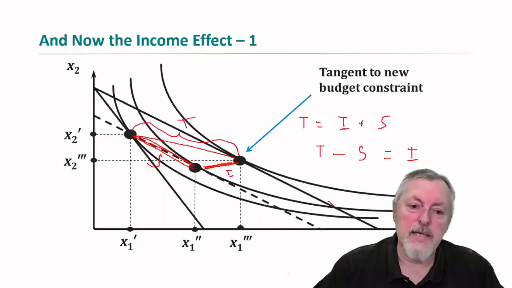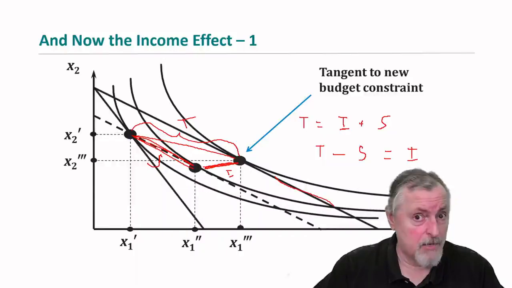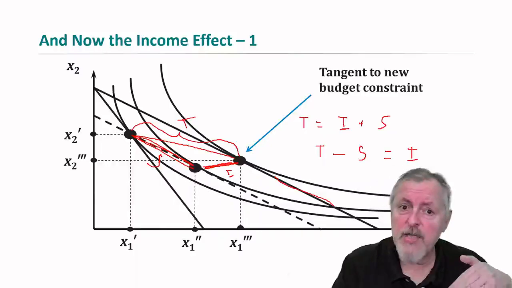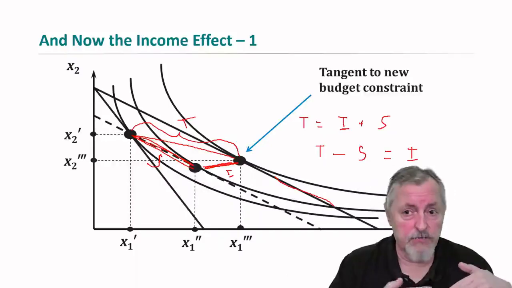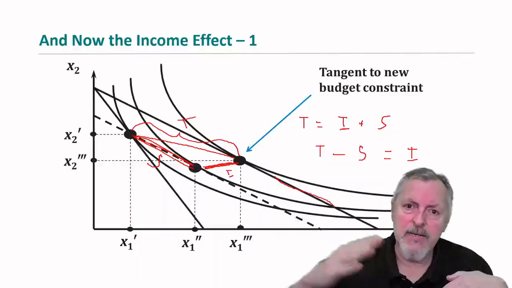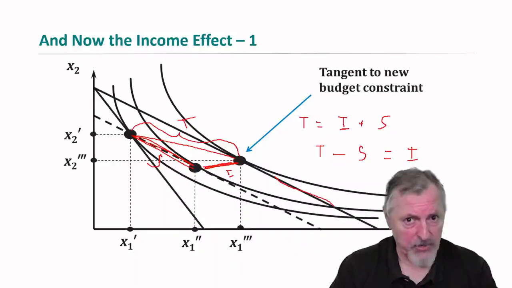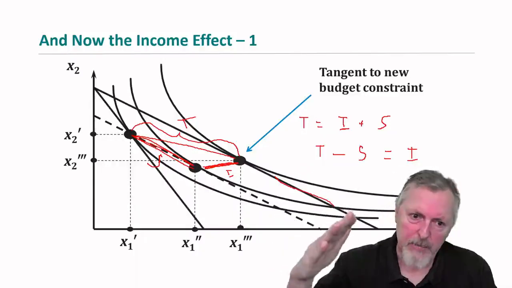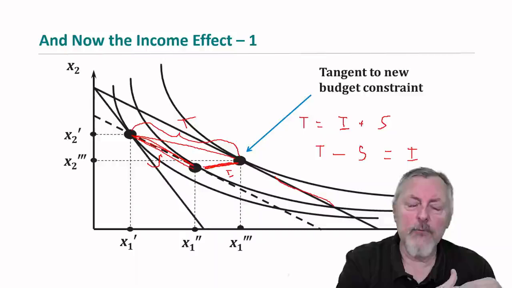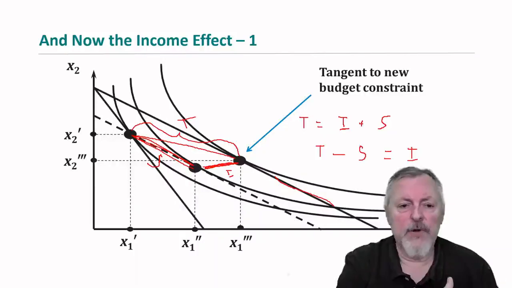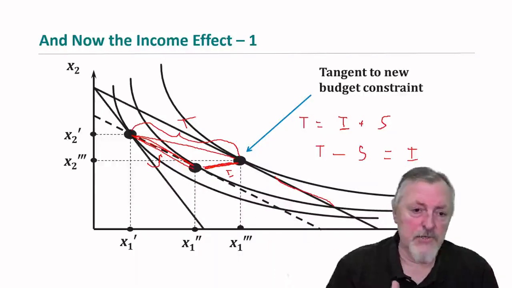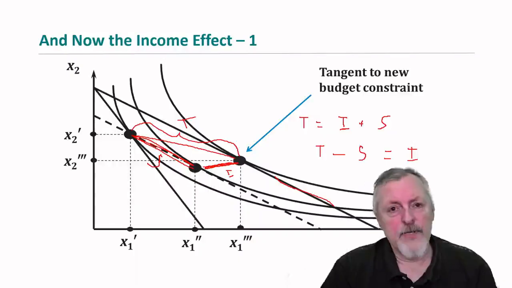So by taking the new budget line, which is changed in two ways, its slope is changed, indicating a change in relative prices, and its distance from the origin is changed, indicating a change in functional wealth. By bringing it back in, we've removed the increase in functional wealth. Therefore, we have decomposed the total change into the substitution effect and the income effect.